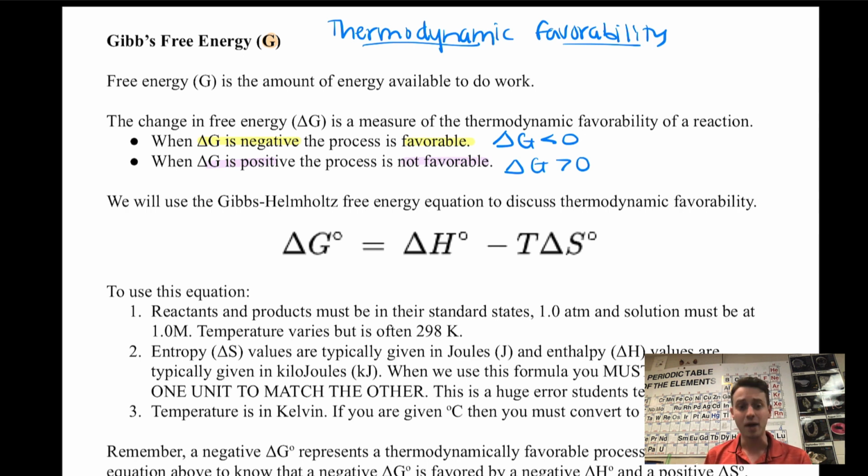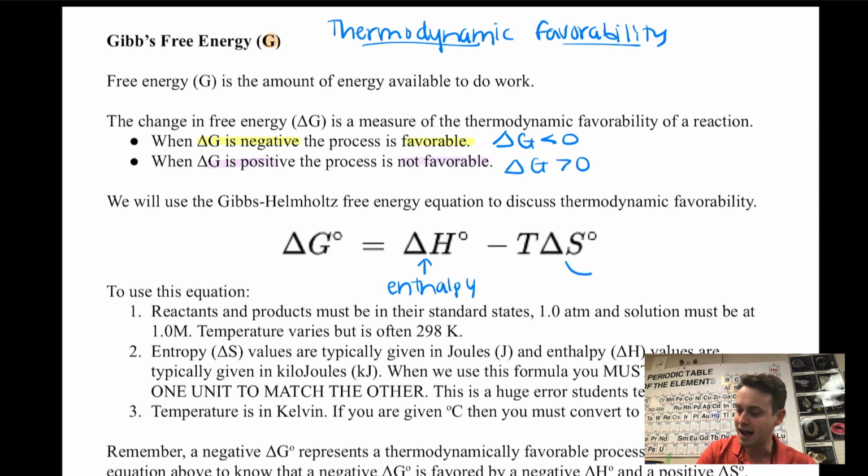The following equation is called the Gibbs-Helmholtz free energy equation, and it's what we're typically going to use to determine if a reaction is thermodynamically favorable or not. So one thing that you'll notice here is we have some of our old players, right? We've already talked about this. That is enthalpy, where we are tracking the heat that is being transferred in a reaction.